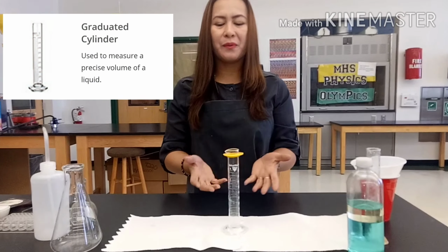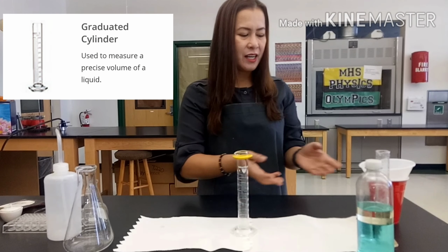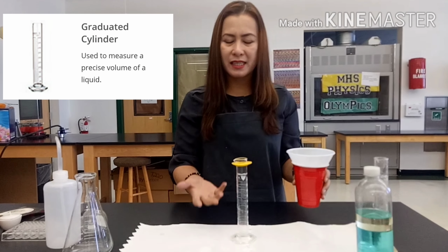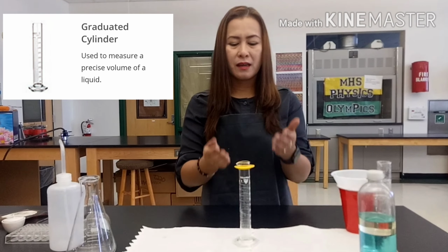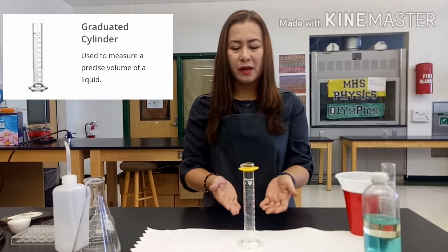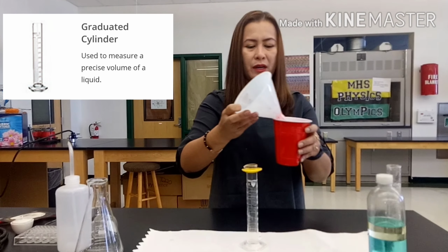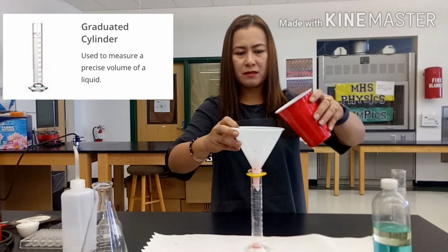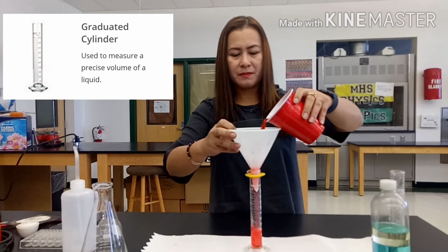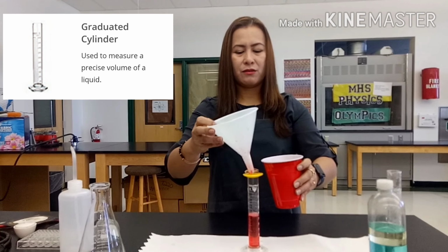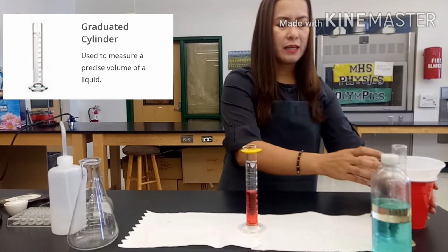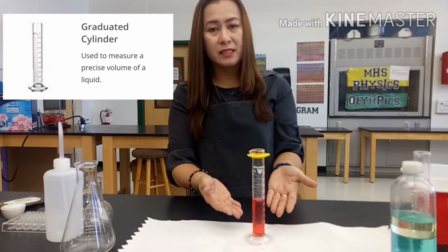All right. So here we have the graduated cylinder. We will be showing you once again how to properly read and measure the precise volume of your liquids. I will be using a funnel to transfer the liquid. There you go. Now, as you can see, the liquid is inside your cylinder.